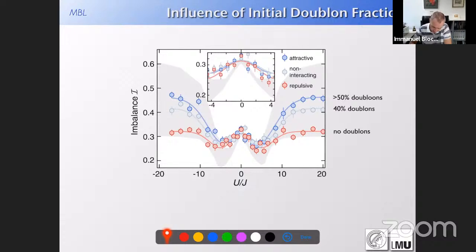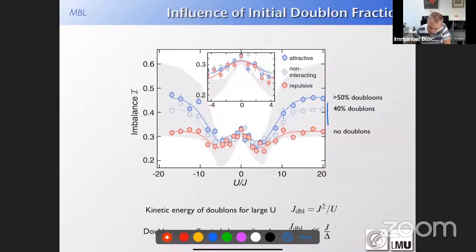What we also see is interesting. If we do have doublons in the initial state, if we increase the doublon fraction in the initial state, then the imbalance increases, meaning that we need a lower disorder strength to localize the system.